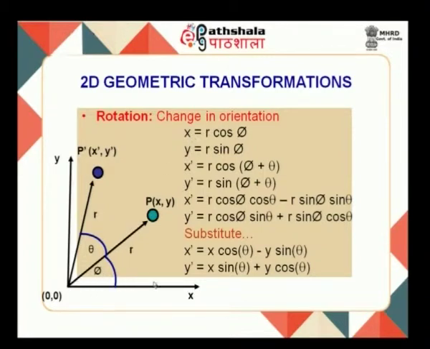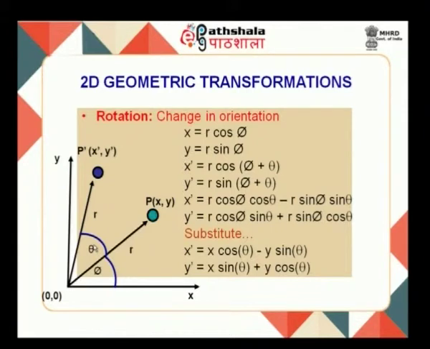So, x is equal to r cos phi. Similarly, take sine of the angle phi: sin phi is equal to y by r, so y is equal to r sin phi. Now, we have these two equations, keep them aside.